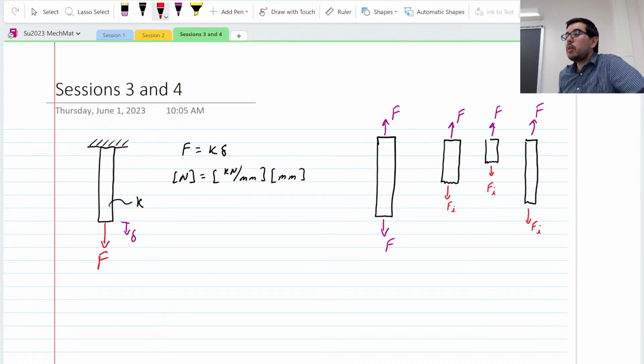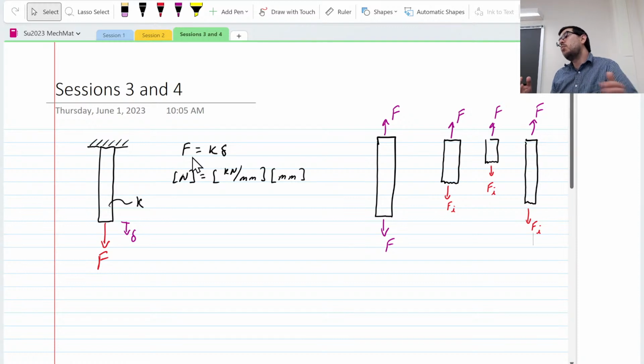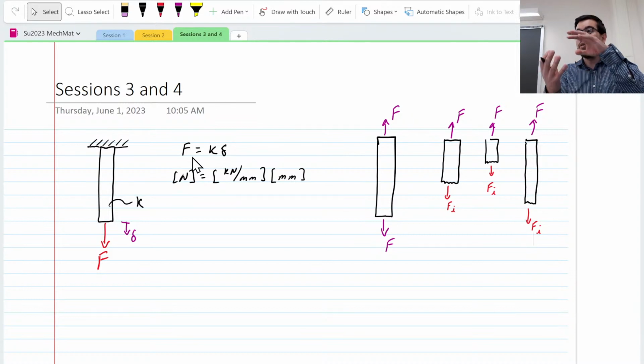Well, the reason is that this F_i here is essentially equivalent to this F here. So when you think about what is the displacement that you have from a member in a system, sometimes what's really good to do is figure out what the internal force is in that member.